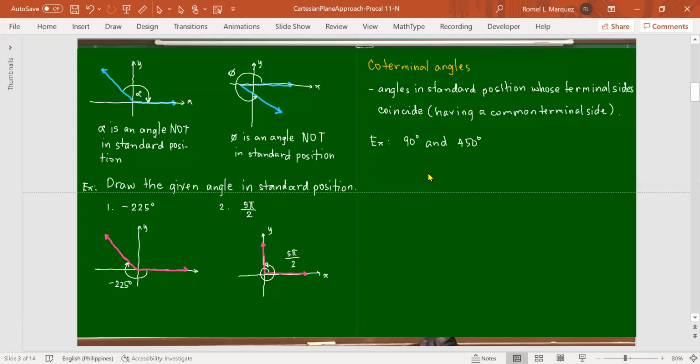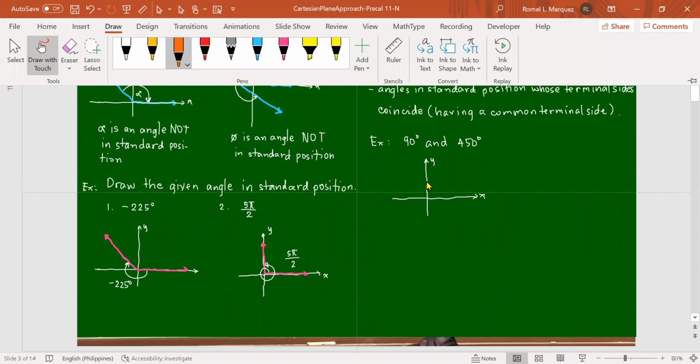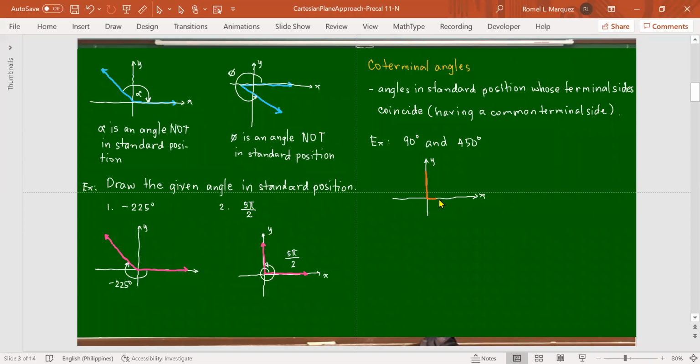Okay. So if I'm going to draw them, their terminal sides will coincide. So X, Y, we have 90 degrees, falling here, and this is the initial side.